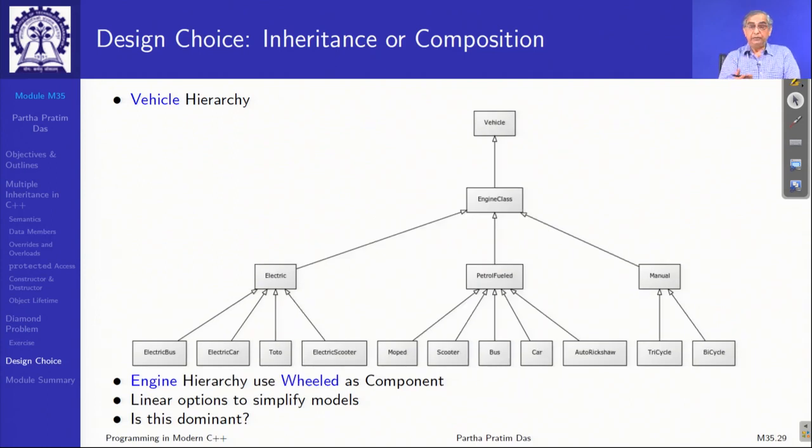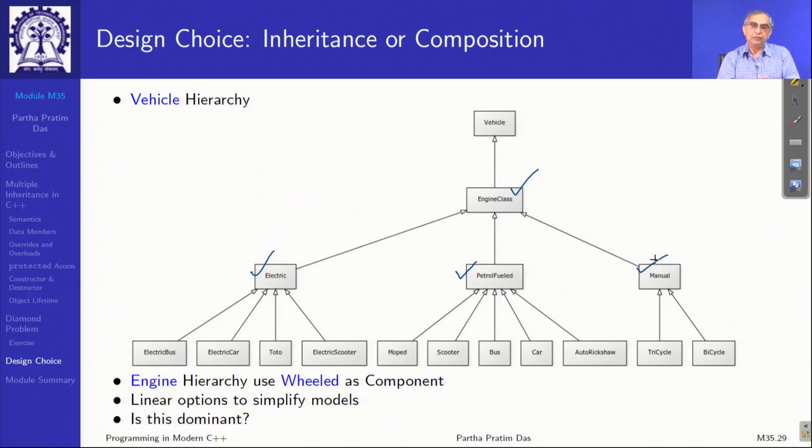So, this is a design style which often is used instead of using the complications of multiple inheritance. You can look at this from the other property's perspective also. You can take engine to be your dominant property, because that is deciding laws and what all you can do, electric, fossil fuel, manual, and then have all different vehicles, and in each you can put the number of wheels as a component and whatever its consequences are.